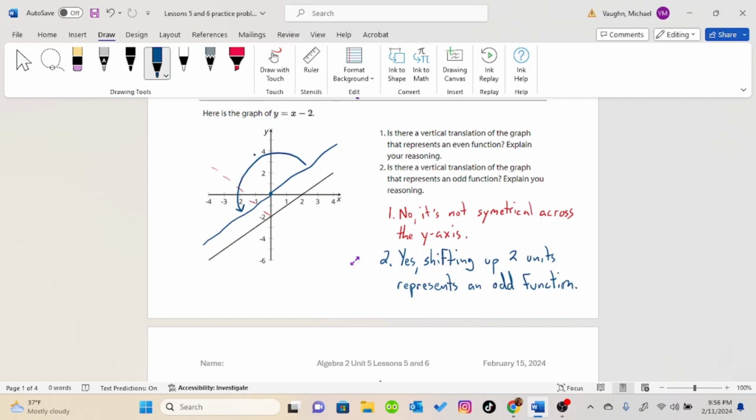So again, remember, an even function is symmetrical about the y-axis. An odd function is symmetrical about the origin.